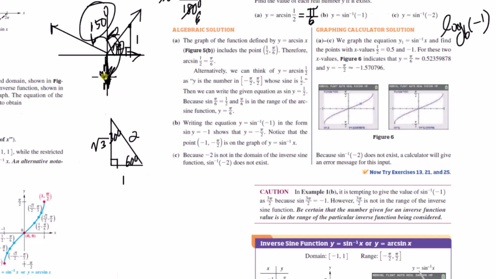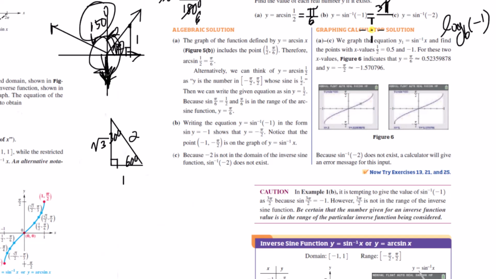We know that's 3 pi over 2. So we can put 3 pi over 2, but that is incorrect. That's not the definition of the inverse sine function. It goes from minus pi over 2 to pi over 2.